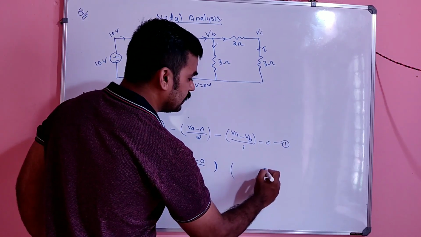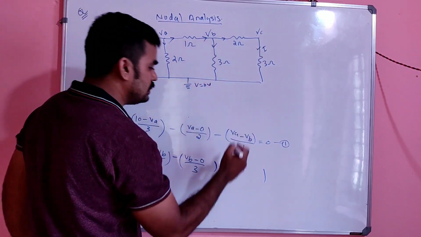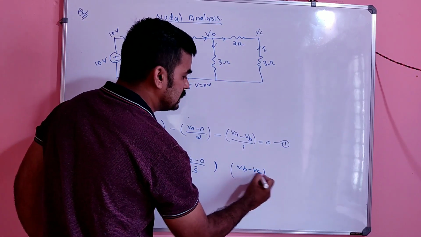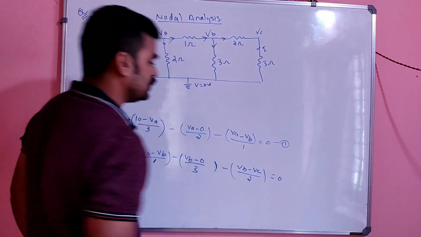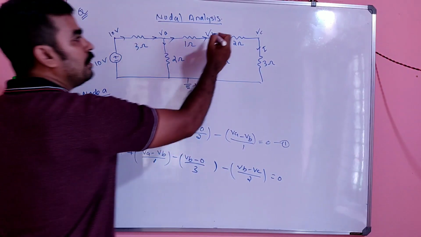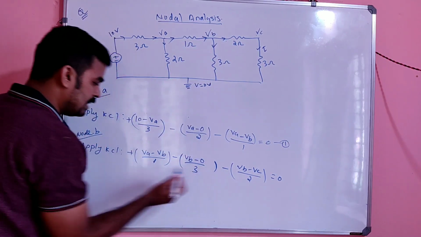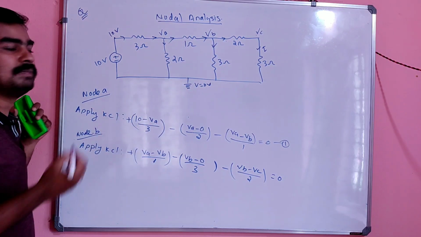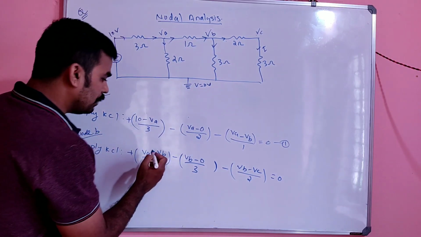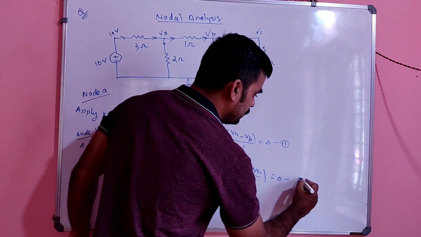And another current: the other point is VC, so VB minus VC divided by 2, and the equation carries a minus sign because it is outgoing current. This is also outgoing, so 2 minus signs will be there, and this current is incoming, so it will be plus. So now you have 3 unknowns, VA, VB and VC, so let this be equation number 2.